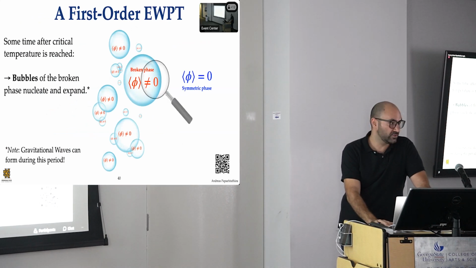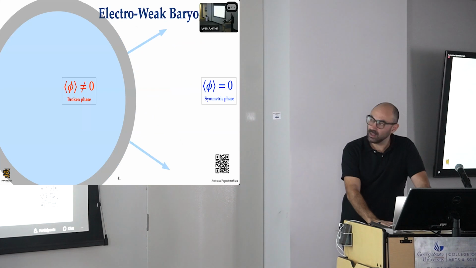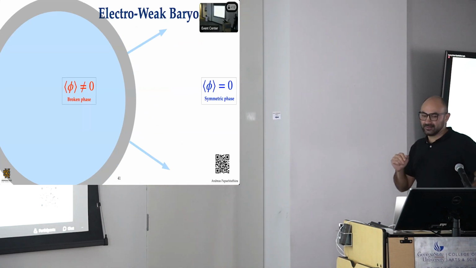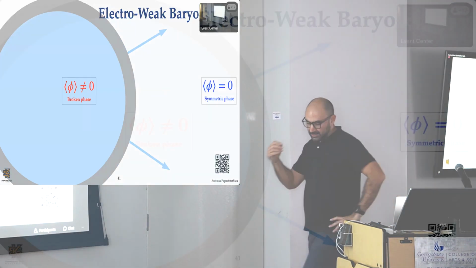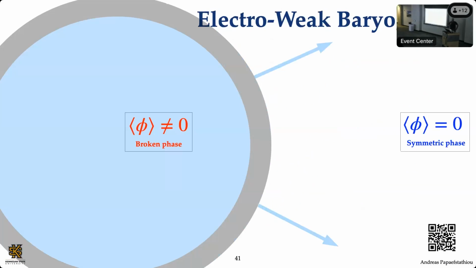So I want to zoom into that. I'm not claiming that I'll describe all the details of the mechanism, but I just wanted to give you a flavor. We have some particles which have this left-handed or right-handed property, fermions, and these interact with the bubble wall as it is expanding.